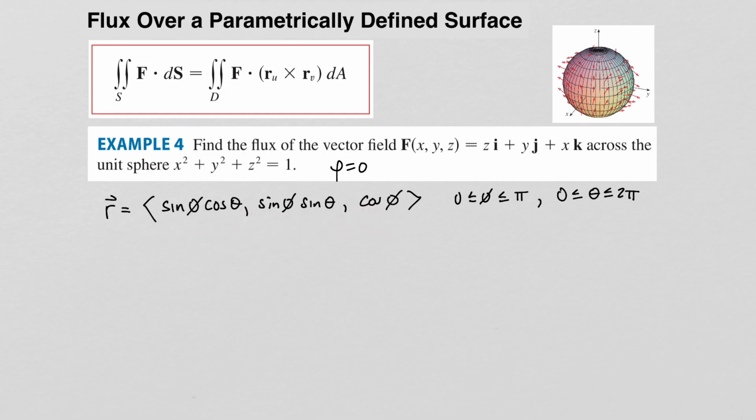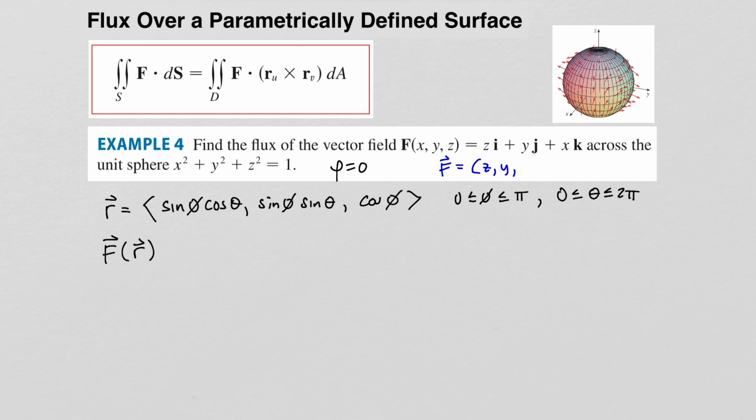Now we need to take a look at our vector function F at r. So our vector function is right here. So we can think of this as F is equal to z, y, x. And now we are just going to plug in these for z, y, and x.